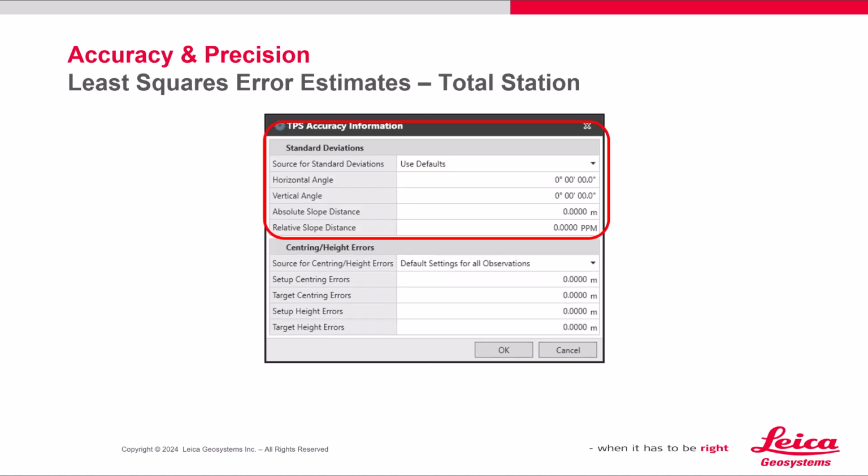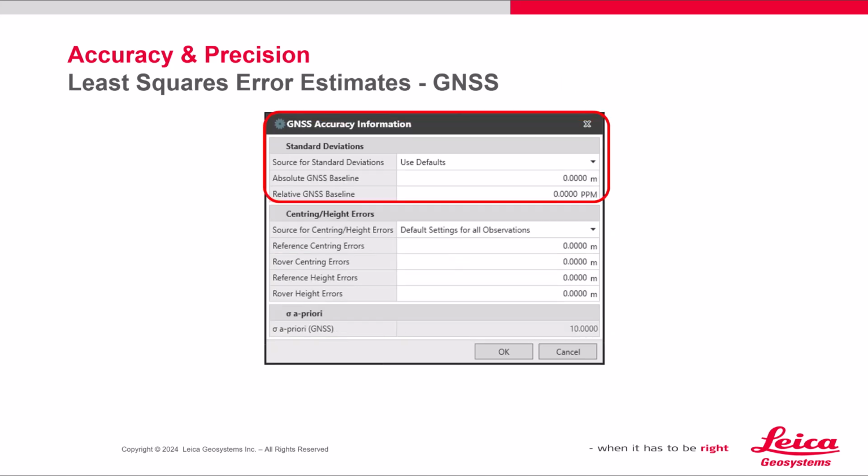And then we would plug in for the total stations the standard deviations for things such as the horizontal angle, vertical angle, slope distance, absolute and relative, and then centering heights for the setup and the target. Very similar on the GNSS side. If we use defaults, we're going to do the absolute baseline and relative baseline, which we can get from data sheets, and then the centering height errors as well.